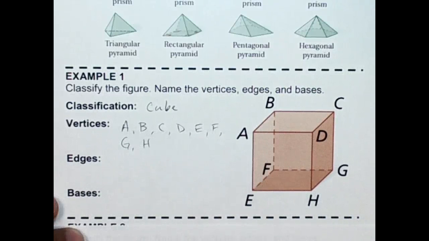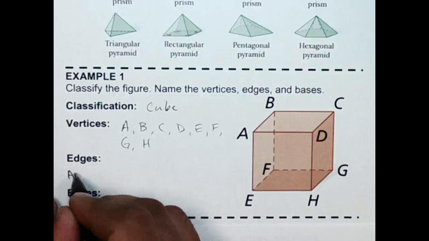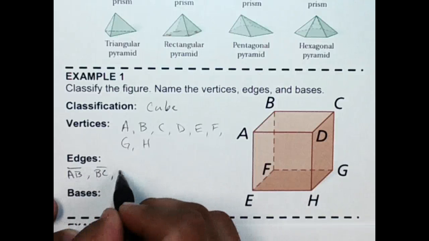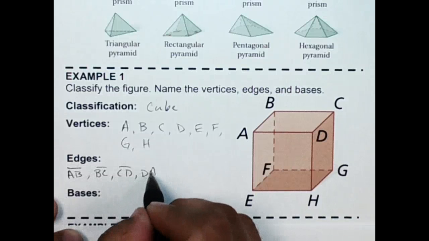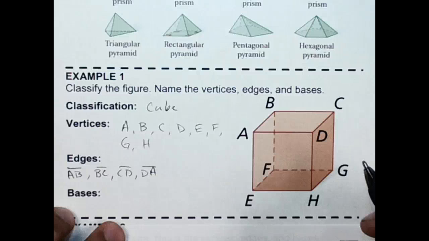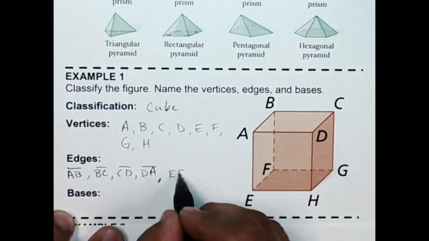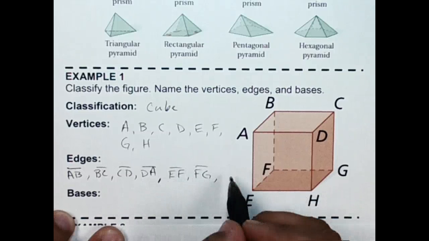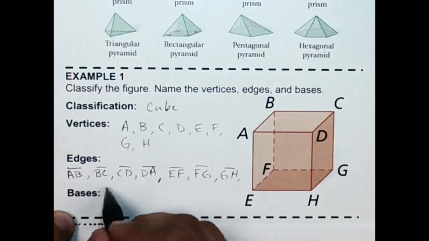Okay. Now the edges are going to be all of these segments. So that's going to be AB, BC, CD, DA. I'll try to go in order here. Then we have EF, FG, GH, and EH.